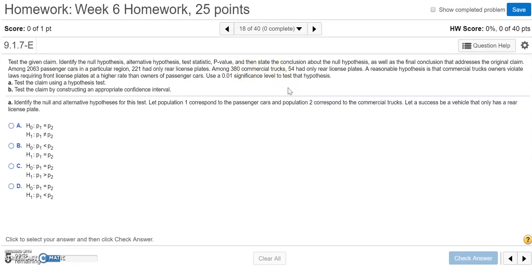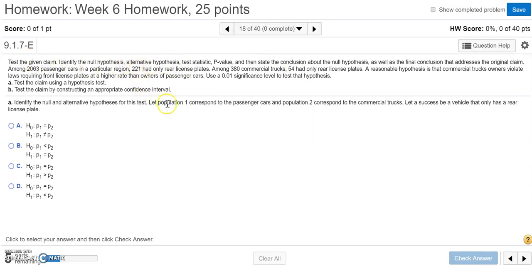So these are the people that are not obeying the law that's requiring the front license plate. And the claim is that the commercial truck owners are violating the laws at a higher rate than the owners of the passenger cars. So that means that this proportion for the commercial truck drivers should be higher than the proportion for the passenger cars.